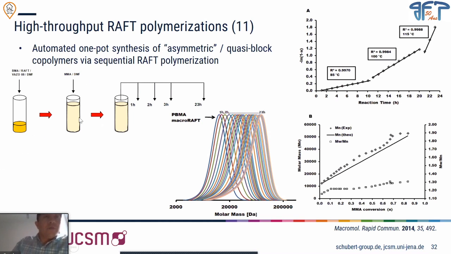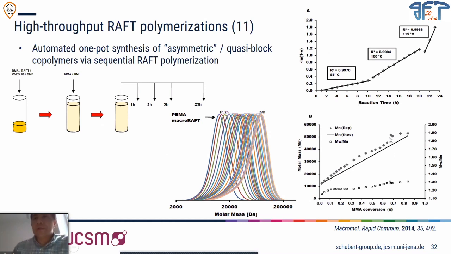Once you finish, you put a lot of monomer in the same pot, and then you start the chain extension reactions again. But in this case, you can take samples at different times. Also, basically, you scan a broad range of molar masses. In this case, of course, it depends how much material you need. You need to procure enough samples during the reaction.